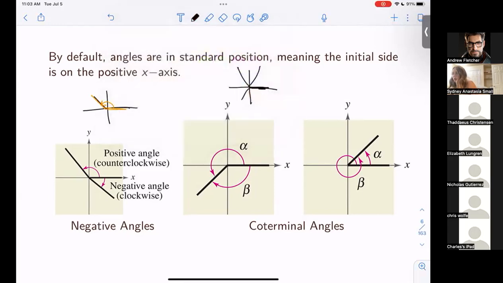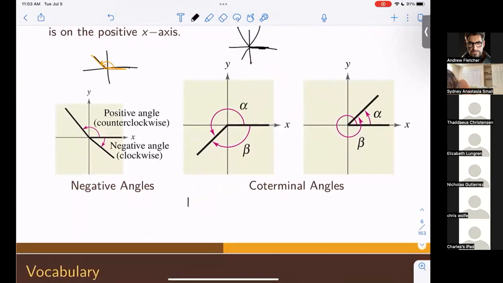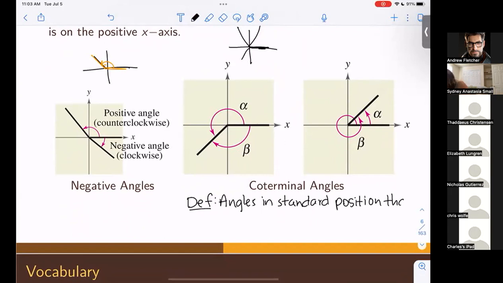Okay, and then coterminal angles. A coterminal angle is just an angle in standard position, meaning that first ray is just on the x-axis, that have what we call a common terminal side.